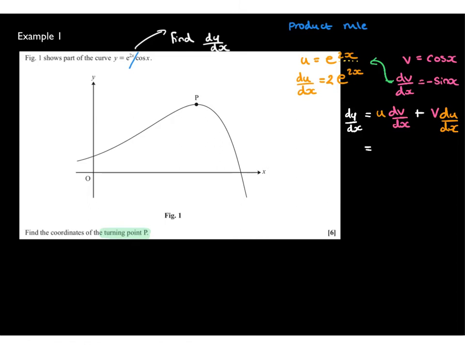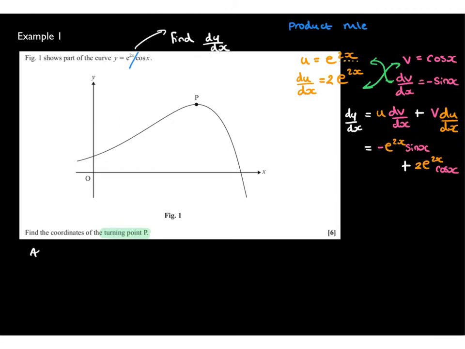So that's e to the 2x multiplied by negative sine x. And then we want to add on v multiplied by du by dx, which gives us 2e to the 2x cos x.